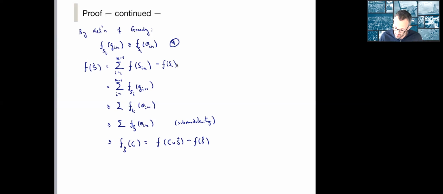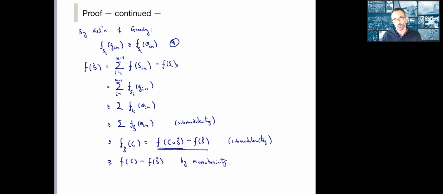And by submodularity of that, basically just using the basic definition of submodularity, you can see that we have this. Okay, so now this is greater than or equal to f of C minus f of S hat, and this is just by monotonicity, because this term here, f of C union S hat, is certainly no smaller than just f of C, because I'm evaluating on a smaller set. So this is by monotonicity.